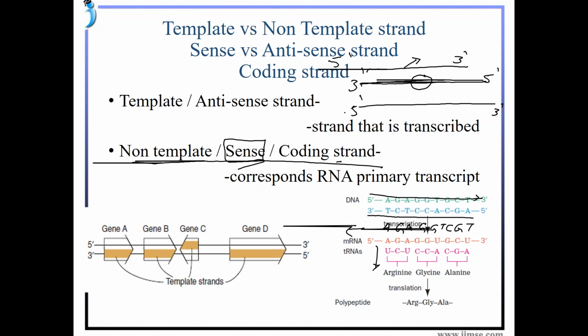This strand can also act as the template strand in this direction. In this image, the lowest strand is the template strand for gene A, gene B, and gene D, whereas the upper strand is the template strand for gene C. Did you get this? What is the difference between template and non-template strand?